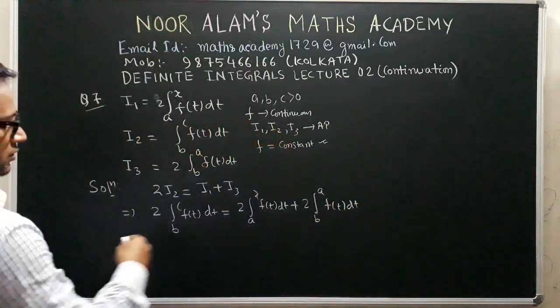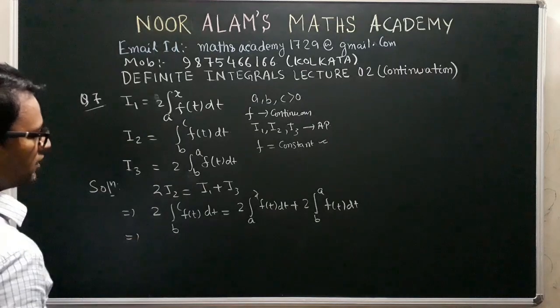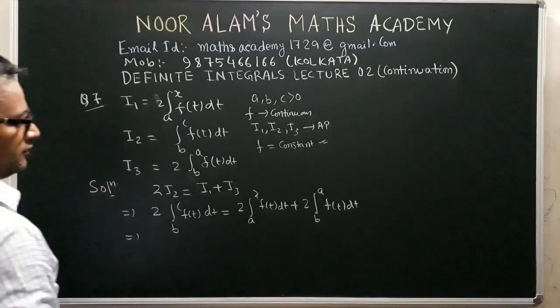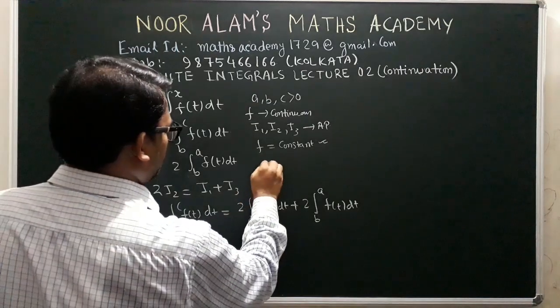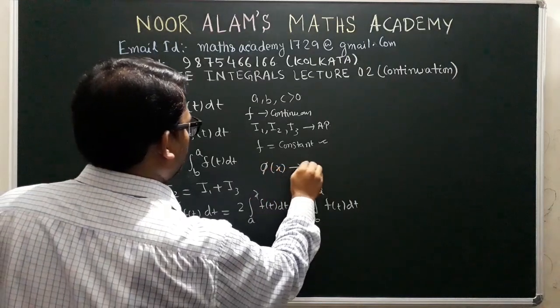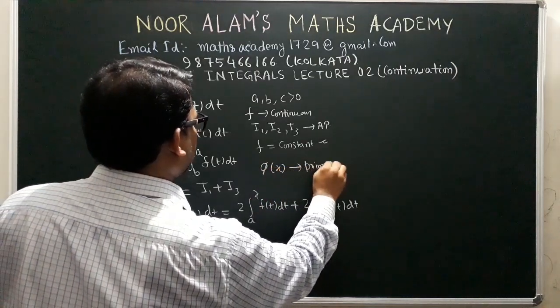Now from both sides we can cancel out 2, and we assume that phi(x) is the primitive.